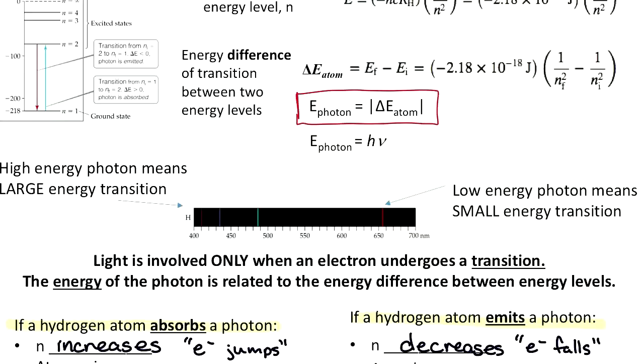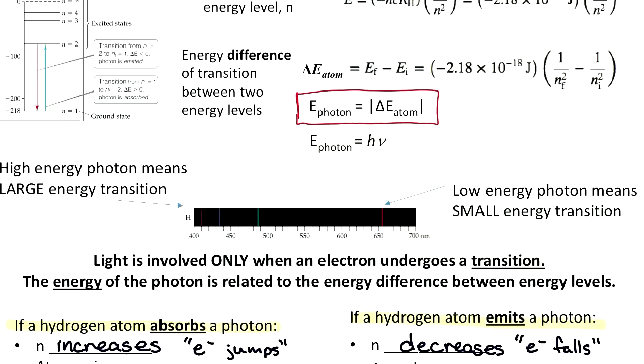If it absorbs light, if it absorbs energy, what is the sign, the change of energy for that atom? Is it positive or negative if it's absorbing? Positive, all right? So that means the atom is gaining energy. That energy is going towards the atom. So what's going to happen is it forces your electron to jump up to a higher energy level, right?